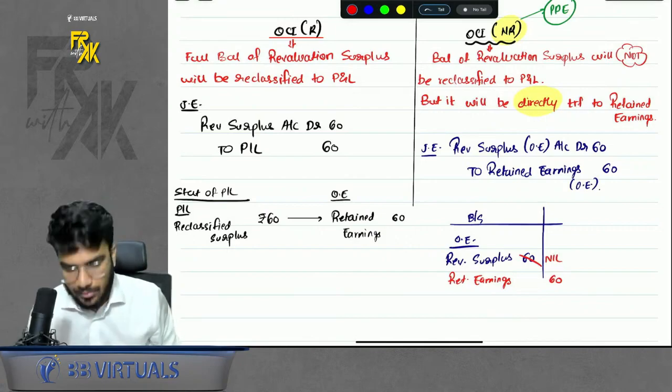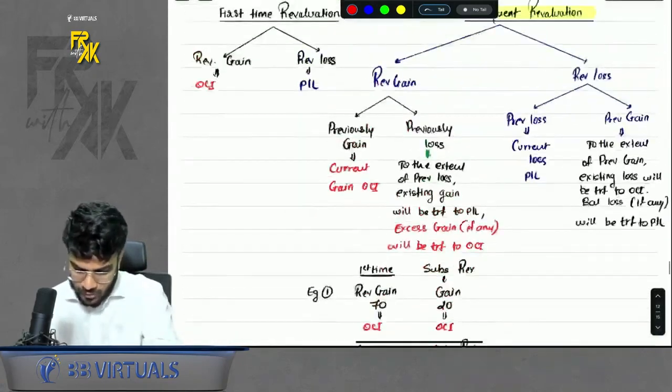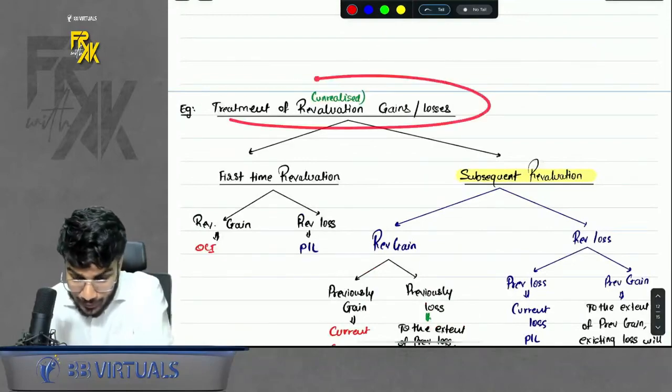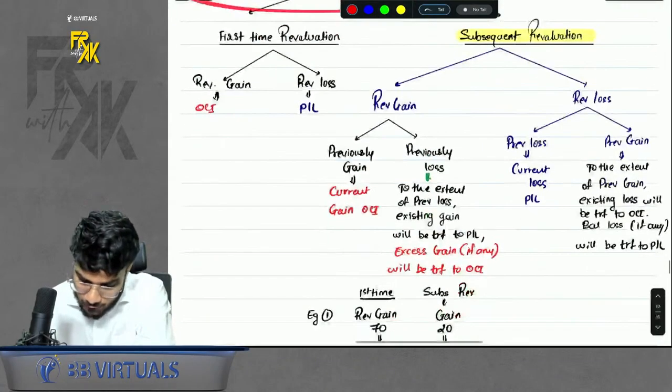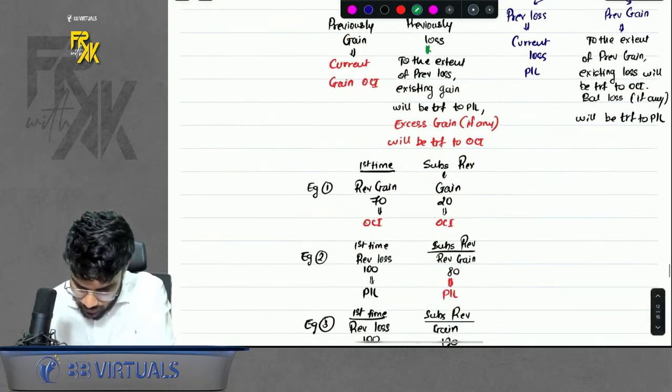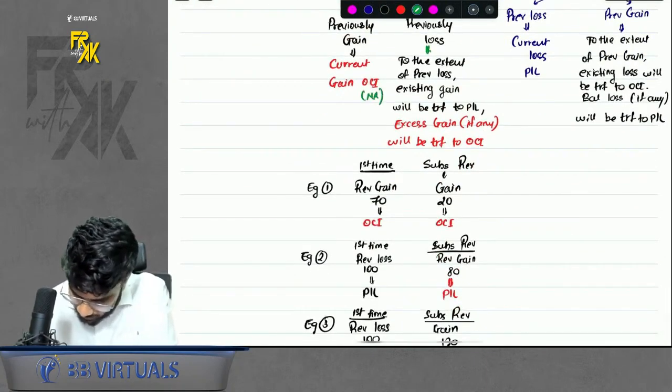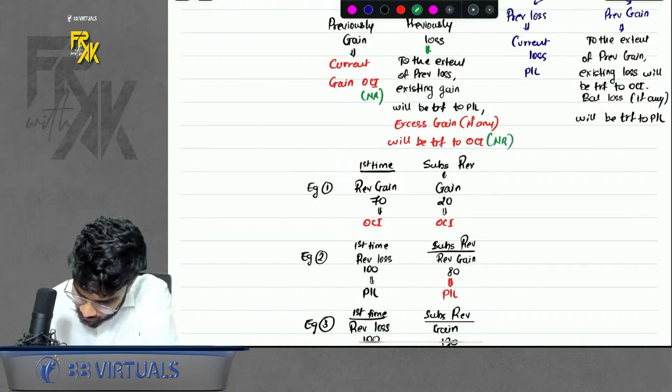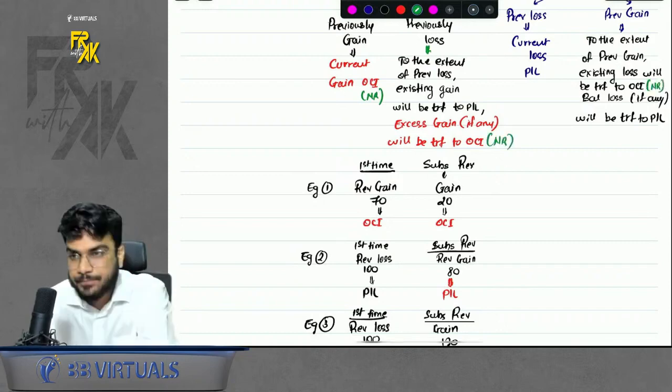Are you getting my point? Right? So in the above table, do you remember this example, treatment of revaluation gain and loss? Wherever you have written OCI, also mention NR in brackets. So I will mention NR in brackets.